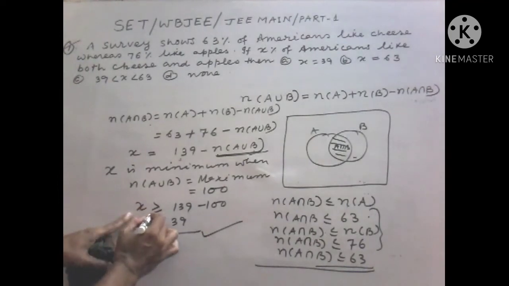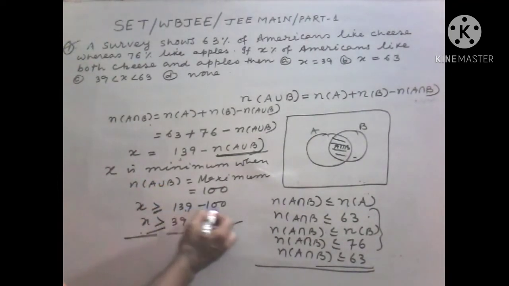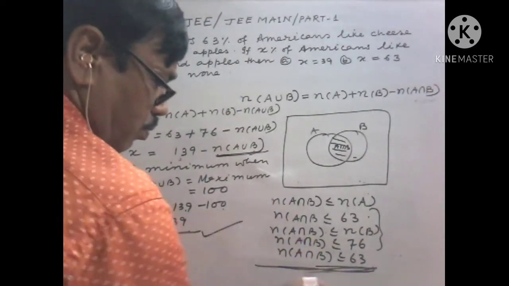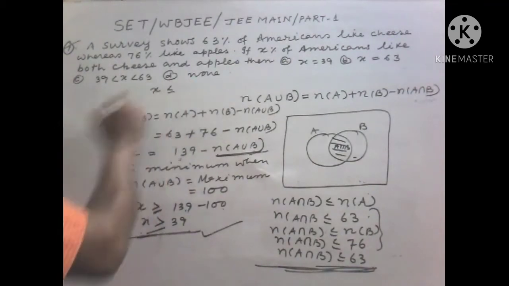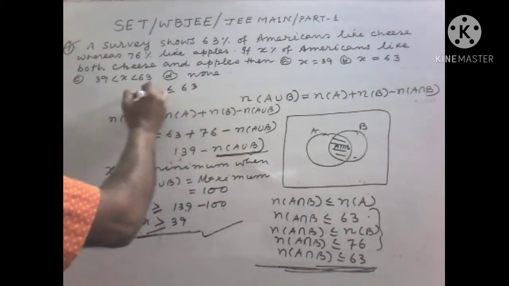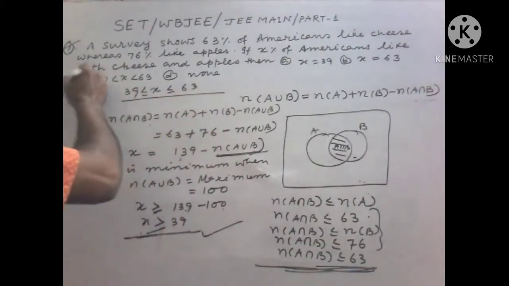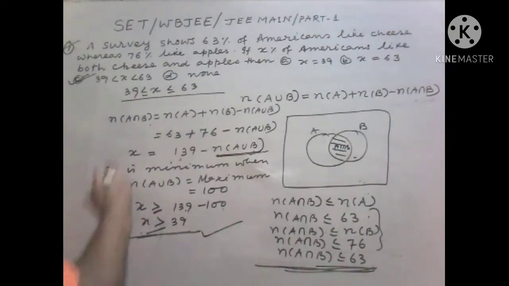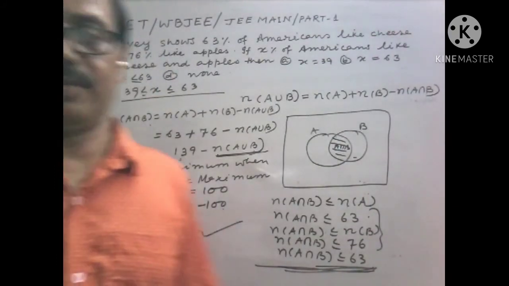So x is greater than or equal to, minimum means greater than, 139 minus this. And it is already proved. So what we are getting is x less than or equal to 63, and x greater than or equal to 39. So this is the option. So you put the equal to sign here.